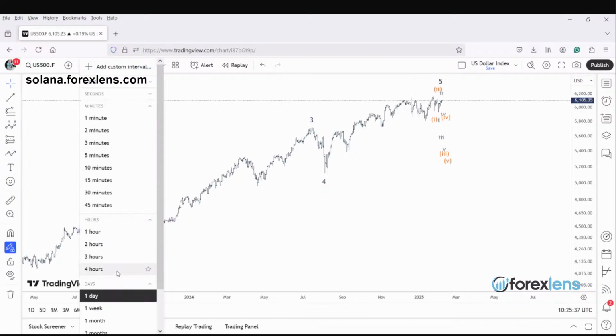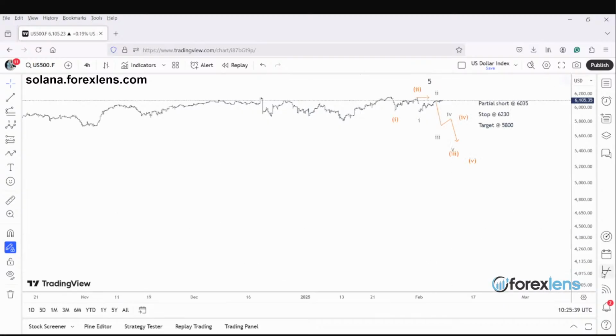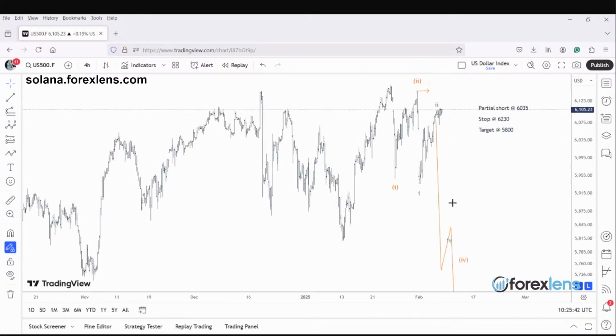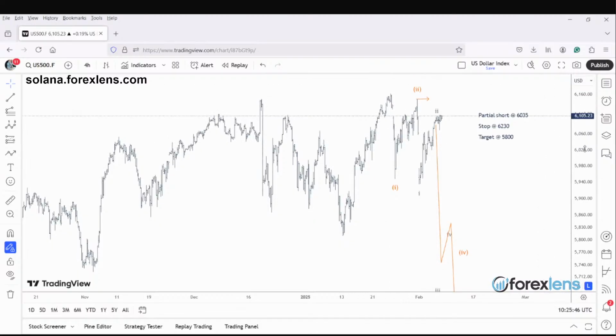In fact, an aggressive trade to go for our next peak in SPX 500 would be, right away, partial shorts at 6035. Stop above that high, which I've recommended here, around 6200, 6230, just a 1% risk of the size of SPX, and target we are positioning around 58.